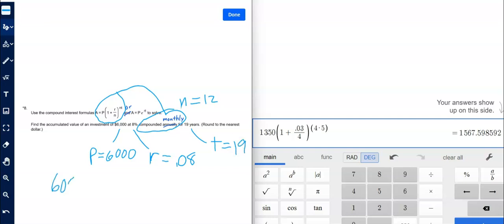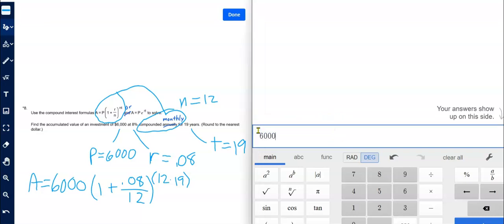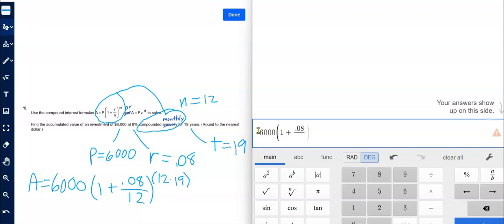So now we're going to do 6,000. 1 plus 0.08 over 12. Oops, I'm getting my time and my n value mixed up. And then parenthesis 12 times 19. So we're going to jump over here and edit this. 6,000, 1 plus 0.08 divided by 12 over to the right.